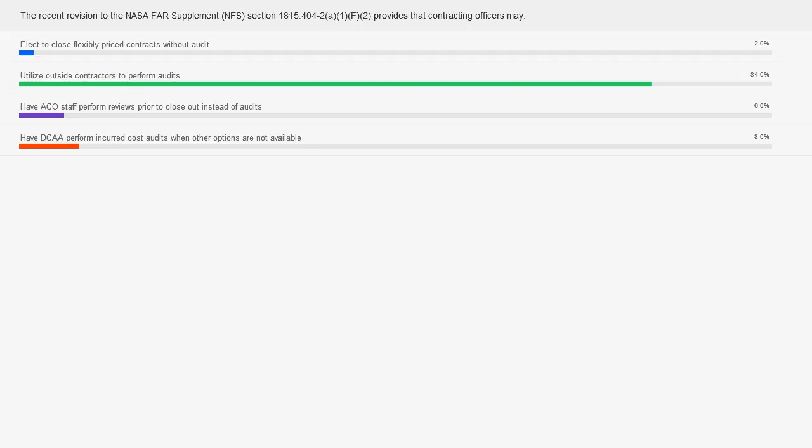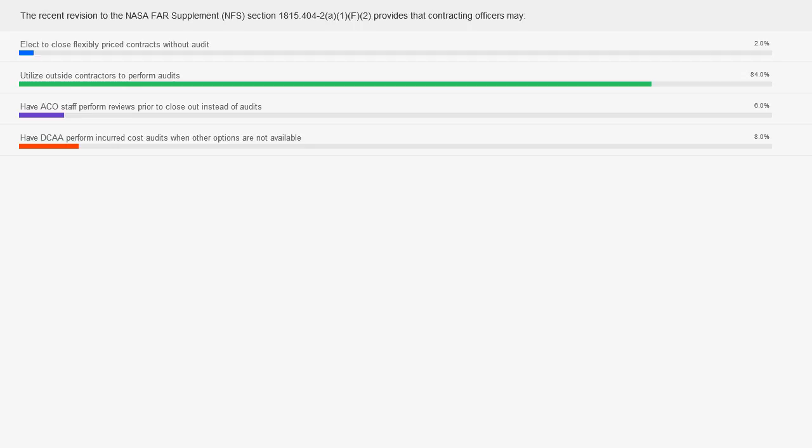And some of the other possible answers, the first one being to elect to close flexibly priced contracts without audit, that's not an option. As Robert mentioned, there's still the requirement that any flexibly priced contracts require an incurred cost audit, although, as we mentioned, DCAA may not be the one to perform those now.